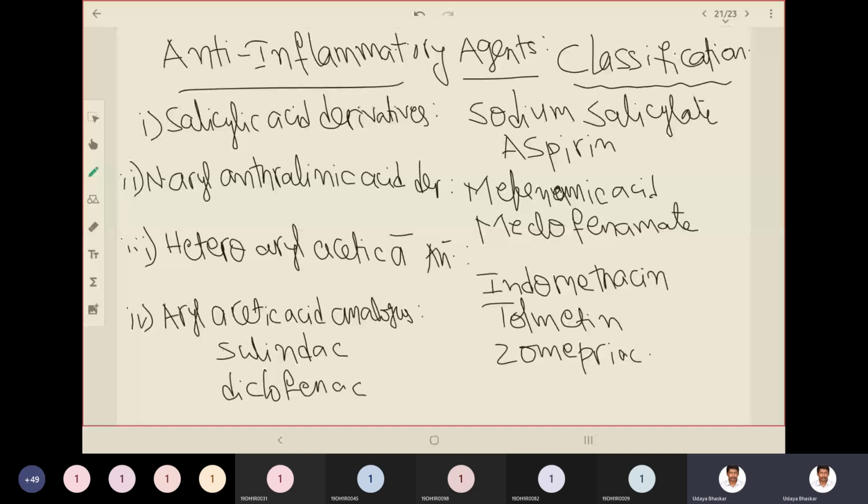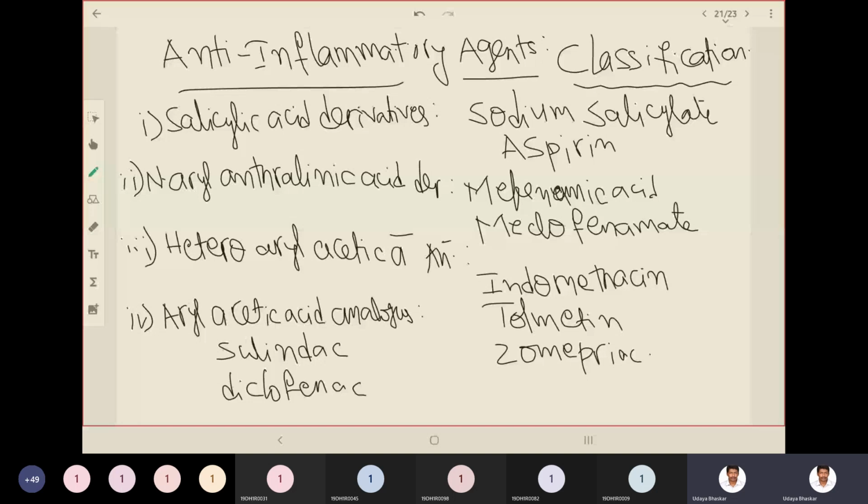People who took diclofenac or aceclofenac painkillers were experiencing complex reactions in their biological system, and sometimes it led to death also. That is the reason they tell you to take only paracetamol. Other than that, you should not take any drug, particularly diclofenac.